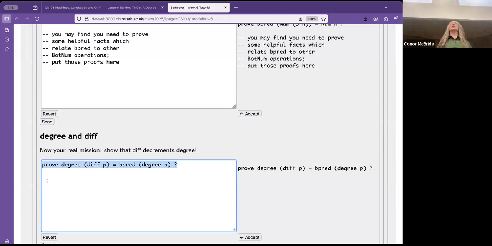The other thing, of course, you can expect is that since degree uses Bmax and triple plus all over the place, you are going to need to prove some useful things that relate bpred with the rig operations, because you will need some algebra for that.